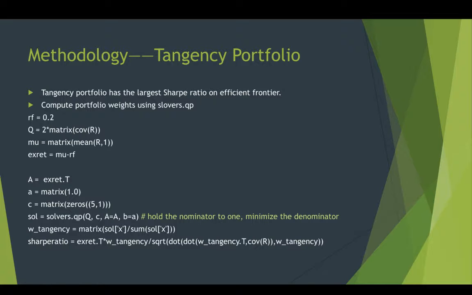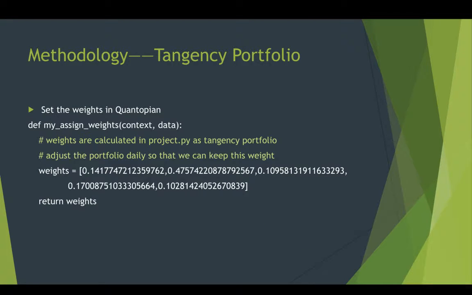So we construct this QP problem, and we call solvers.qp in Python. Hold the denominator to 1 and try to minimize the denominator. Using this code, we can find the weights for these five stocks.